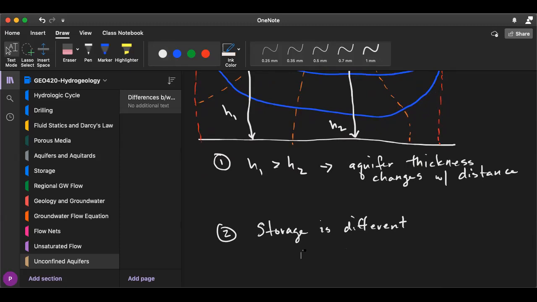What are the different ways? What is our storage in a confined aquifer? We just talked about it with the Richards equation. Where do we get water? What is the confined aquifer storage?